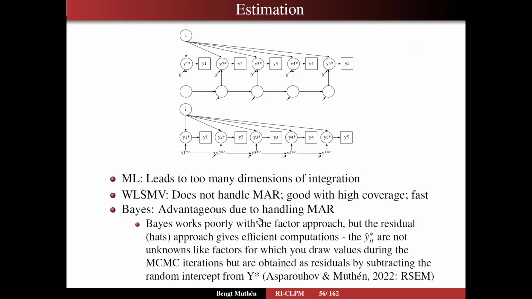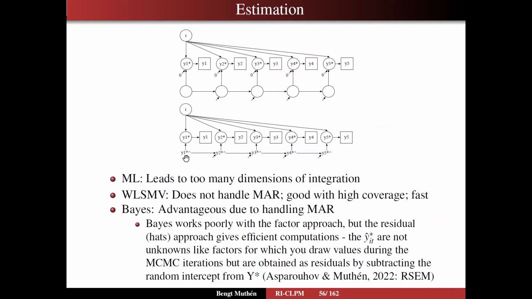So the y-hats are not unknowns like factors. When you have factors in Bayesian analysis, they are treated as missing data, the values of which have to be estimated in each iteration, in each Markov chain Monte Carlo step. But that's not true for the y-hats. They are obtained by subtracting from y star the random intercept.